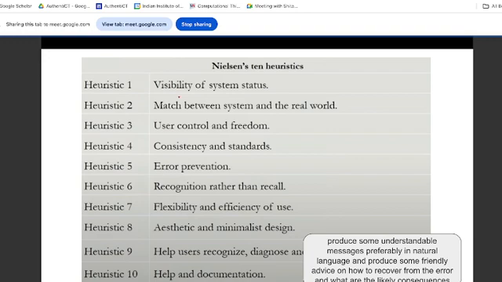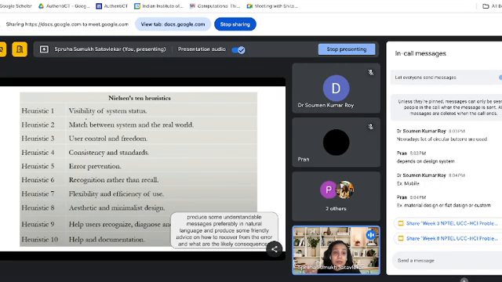Now that we have seen this error pop up a lot of times, we already know what error 404 means. But in the initial days it would have befuddled the user. So also produce some friendly advice on how to recover from those errors, what the likely consequences are, whether the user might lose data or not, or whether the data of the user would be safe. Just inform the user when they commit some errors.